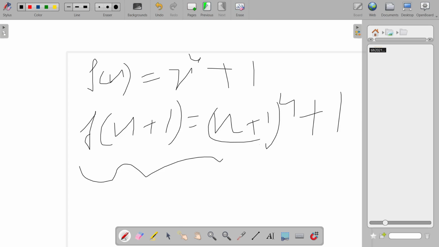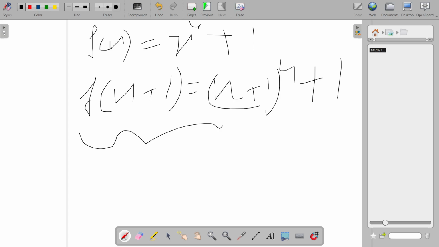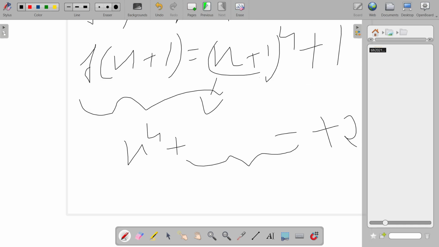Of course, all the roots are complex, but it's cyclotomic, x to the power 4 plus 1. If we expand this, we will get something along the lines of x to the power 4 plus something plus 2, since 1 and 1 will add to 2.